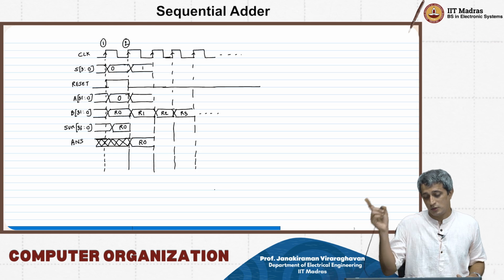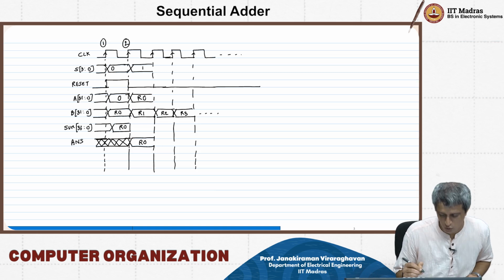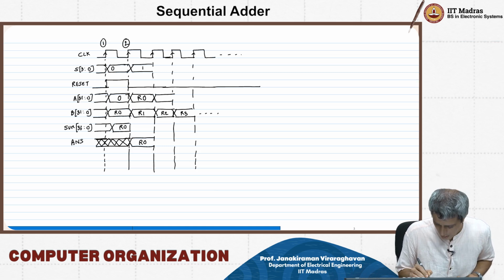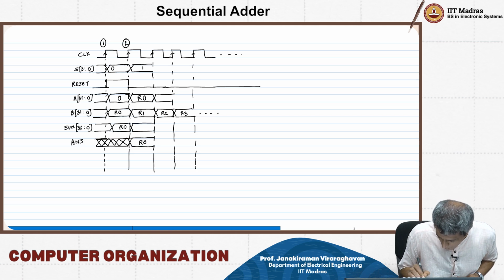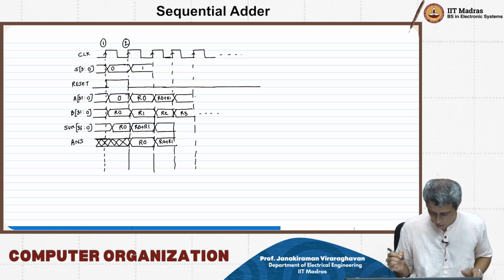And now that will go into A in the other cycles other than the all-zeros cycle. So you will get R0, and effectively you will add these signals, then the sum will become R0 plus R1, then in the next cycle you will get R0 plus R1 coming back here, right?